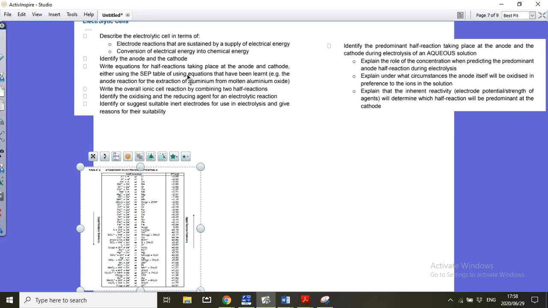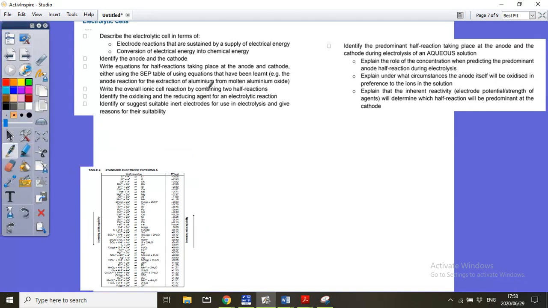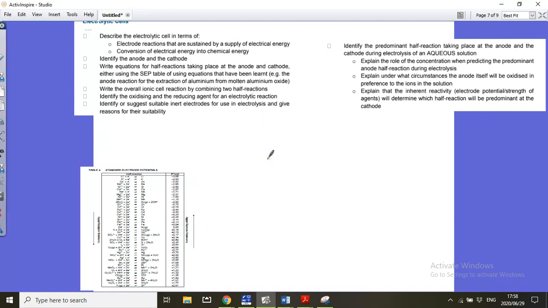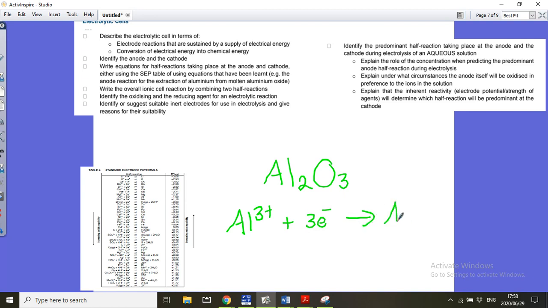Now, half reactions you can write. Please remember that there's one half reaction that's not given to you, and it's actually mentioned here for aluminium oxide. If you have aluminium oxide, you have Al2O3. Now, if I split this up into ions, I have Al3+, and you'll find this on your table. Al3+ will take up 3 electrons, and I will form aluminium.